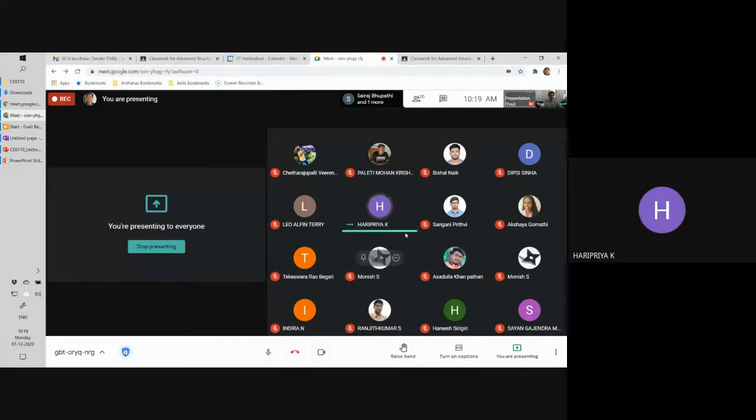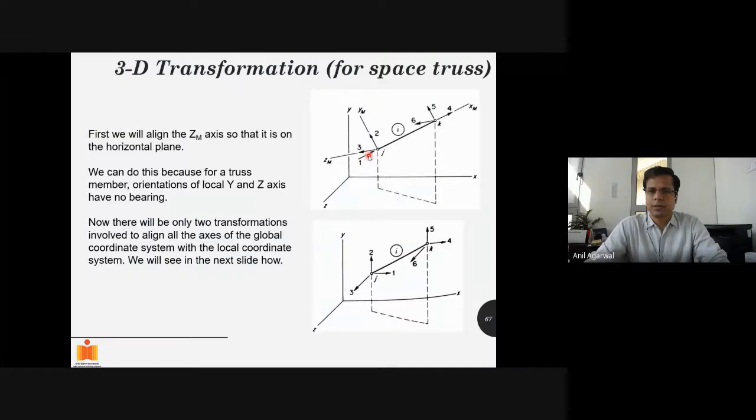Can you repeat the question? Okay. My question is, if you read this first line, it says first we will align the zm axis so that it is on the horizontal plane. So zm axis is this one, right? These are parallel to zm axis. So we rotated the local coordinate system in such a way that this zm axis is in a horizontal plane.